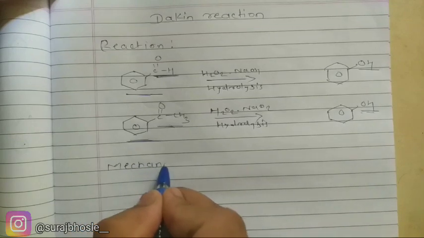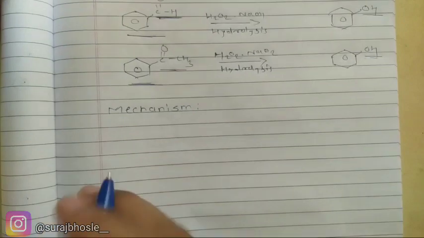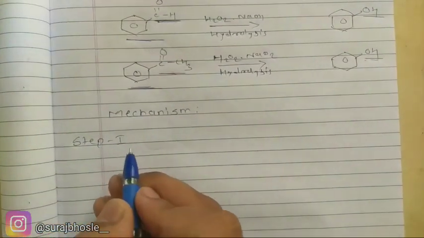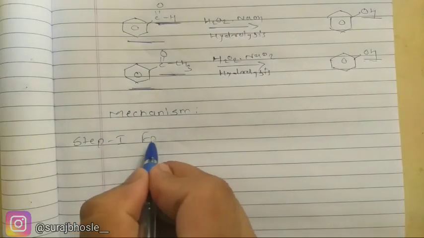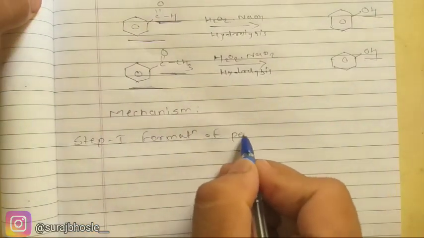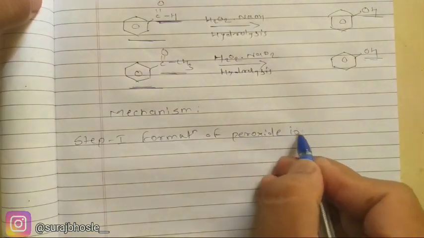So the mechanism of the Dakin reaction involves simply three steps. In step 1, the formation of the peroxide ion takes place. How does this peroxide ion get formed?